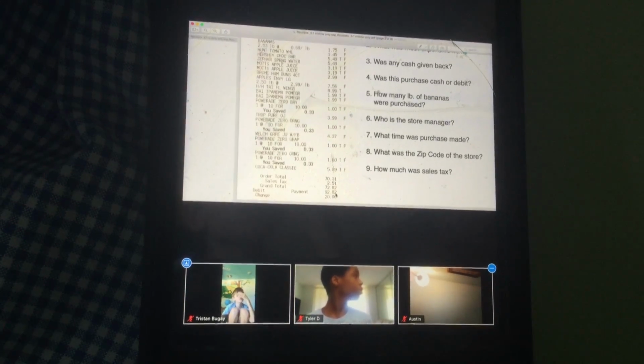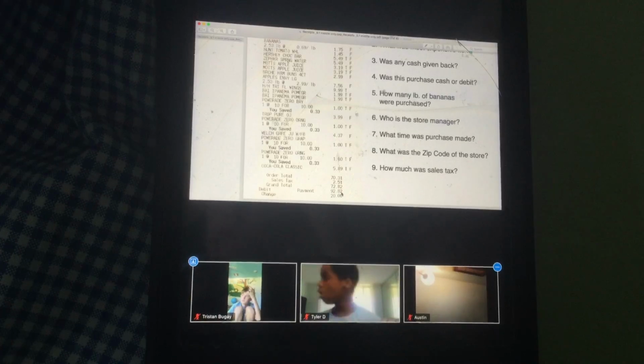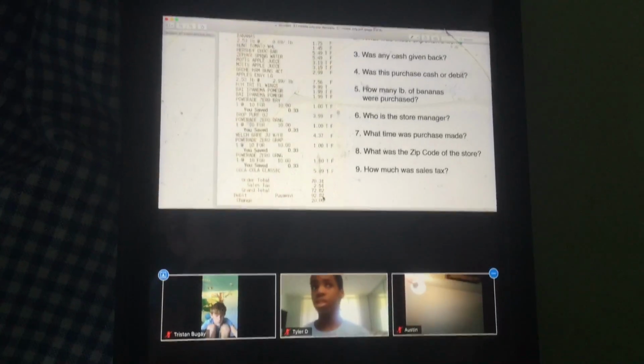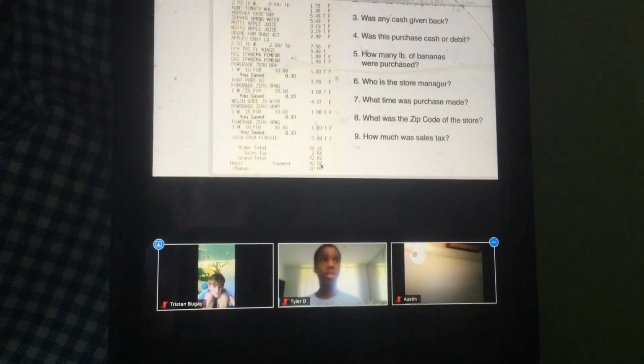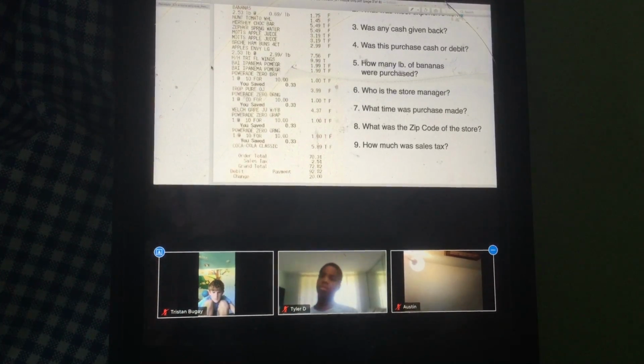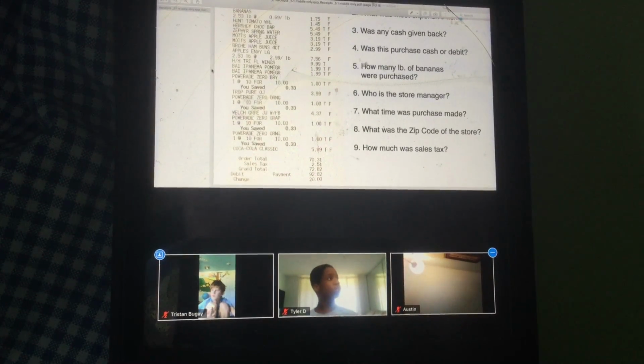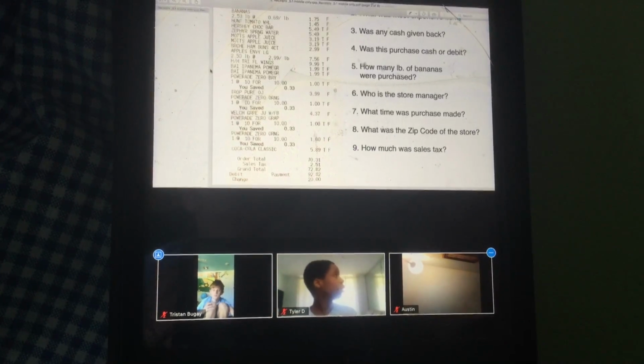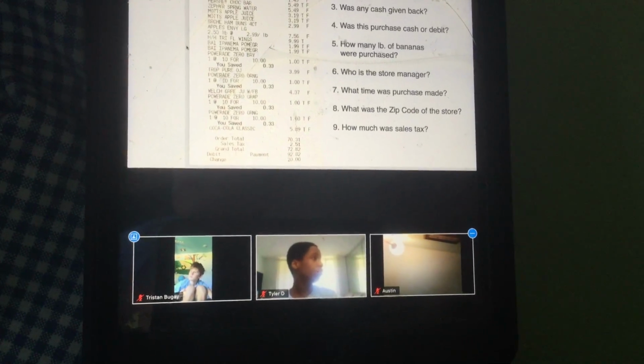So we answered the question, was any cash given back? I got $20 back. Now look at the bottom of the receipt again. How did I pay? Did I pay with cash or did I pay with a debit card? If you look at the bottom, you'll see, Zach. Okay. But you paid with credit card?